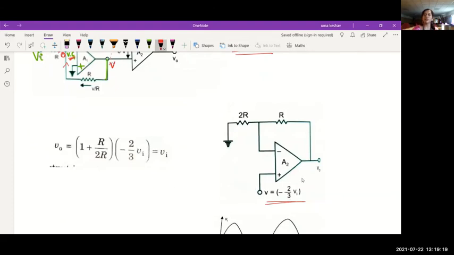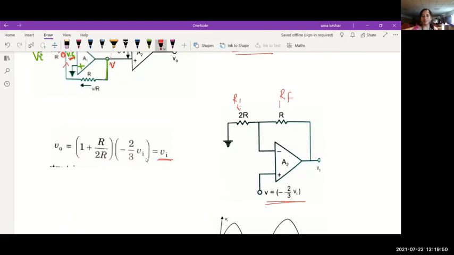So this circuit now behaves like a non-inverting amplifier whose output voltage is 1 plus Rf by R1, or R by 2R. As you can see, this is Rf and this is R1. So Rf by R1 becomes 1 plus R by 2R, which is the gain of the non-inverting amplifier, into the input voltage minus 2 by 3 Vi. If you simplify this, you will get the output still equals to Vi.